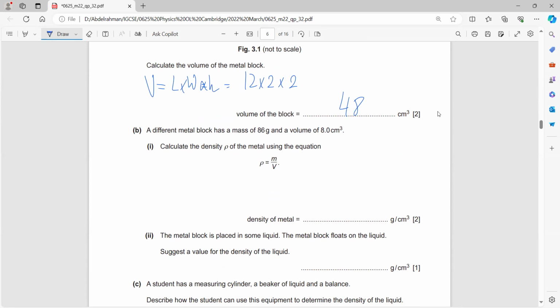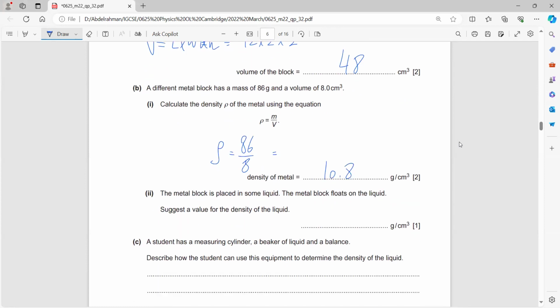Calculate the density. Density equals mass over volume. 86 over 8 is 10.8 grams per centimeter cubed.